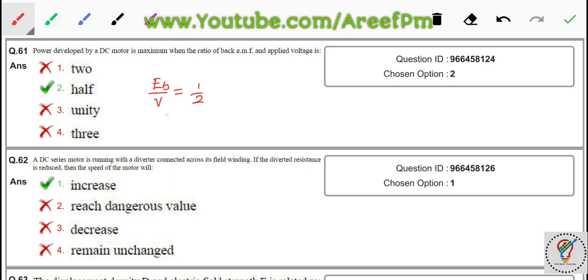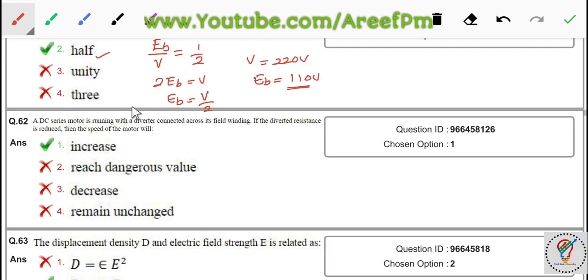That means 2 into Eb is equal to V, and Eb is equal to V by 2. For example, if V is 220 volts, the back EMF should be half of it, that means 110 volts. That's the meaning of this question. So the answer here is half.